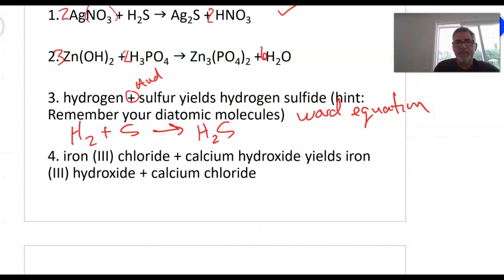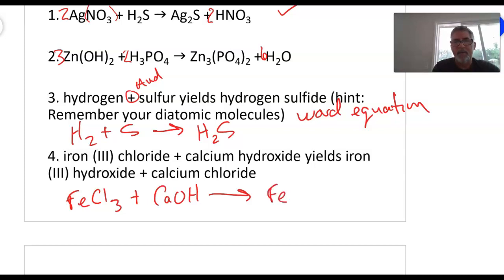Right. To the next one, we have iron 3 chloride plus calcium hydroxide. Yields. Remember that word yield means arrow. Iron 3 hydroxide plus calcium chloride.